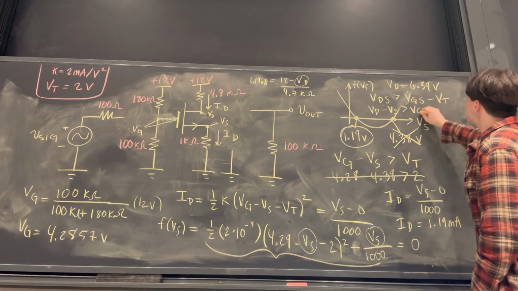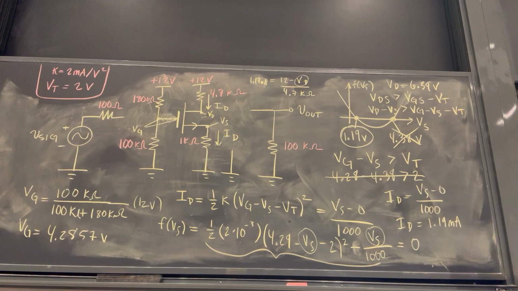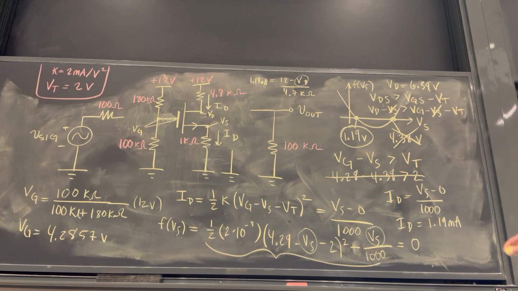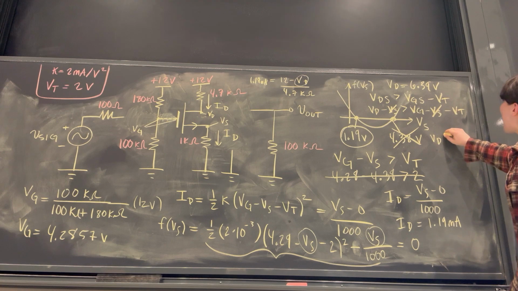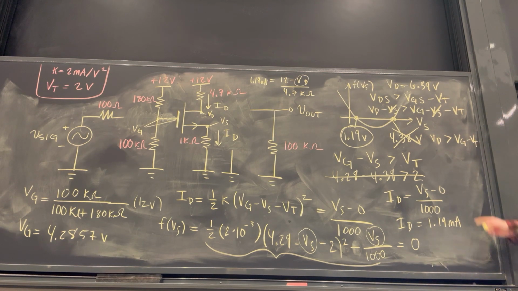Same thing for VGS, this just means VG minus VS, and then we tack on this VT here. We can then cancel VS from both sides, and it's clear now that the last condition for ensuring we're in the saturation mode is VD has to be greater than VG minus VT. So is this condition satisfied?